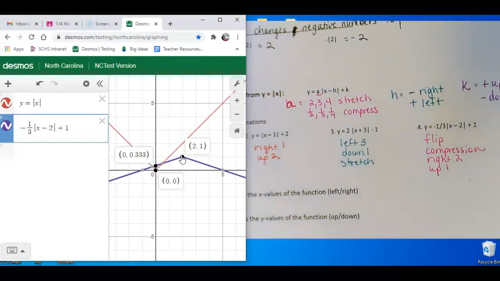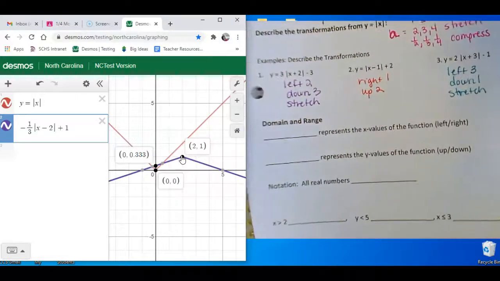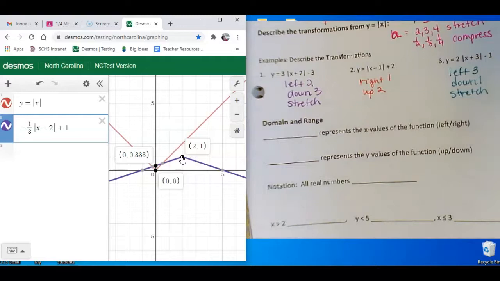Alright, the other thing that we need to talk about real quickly about absolute value functions, or really any kind of function, is about domain and range. Okay? Domain and range represents what values the function can take. Alright?